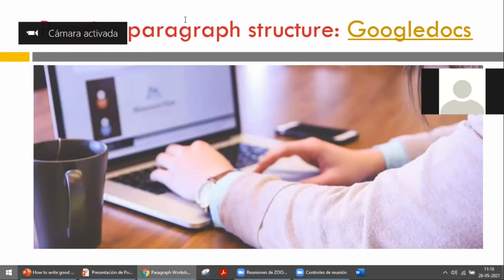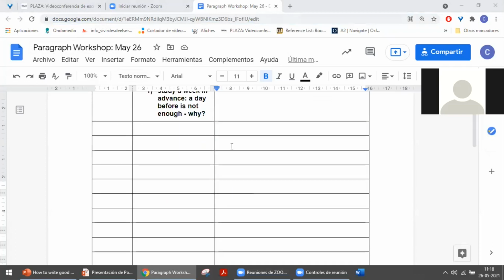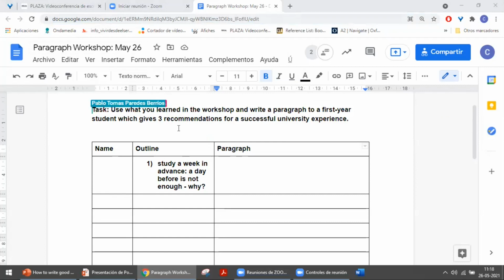So this is a document. Vayan ingresando y bien, vayan leyendo la tarea.